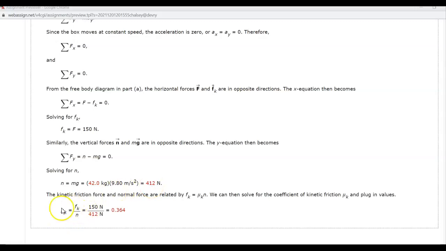We can then use our formula: the coefficient of kinetic friction is equal to the kinetic friction divided by the normal force.